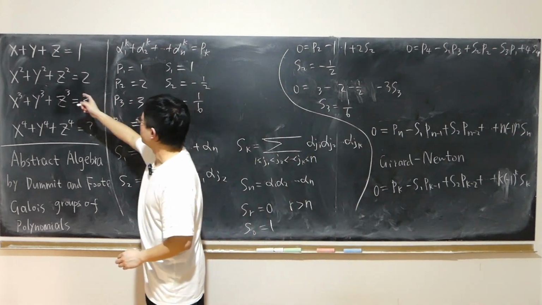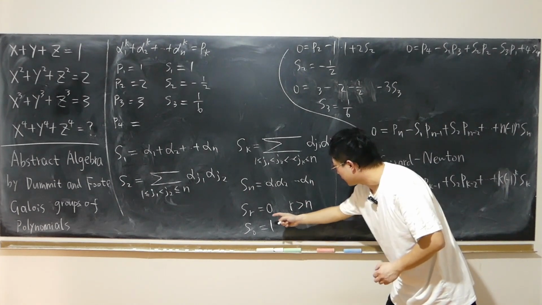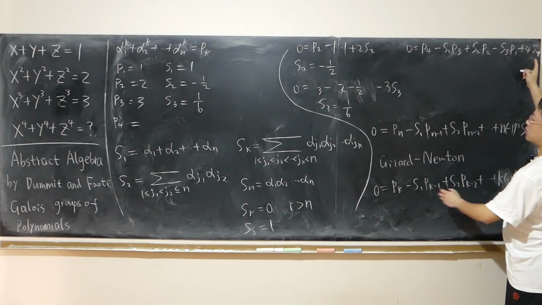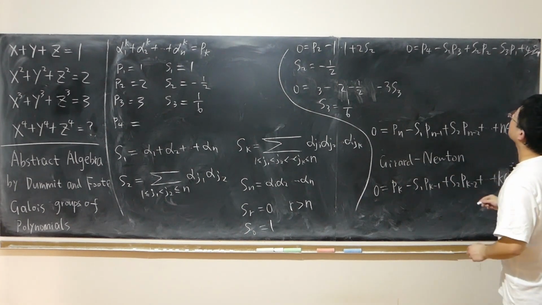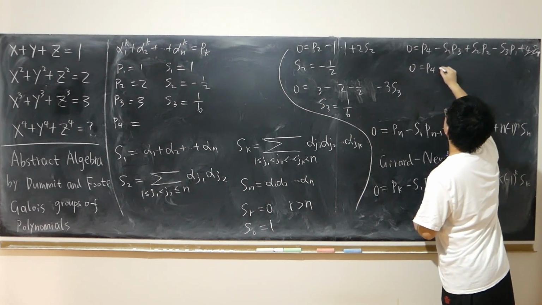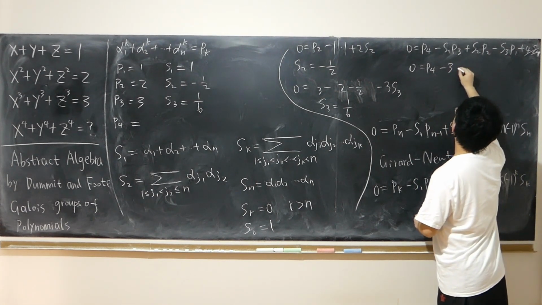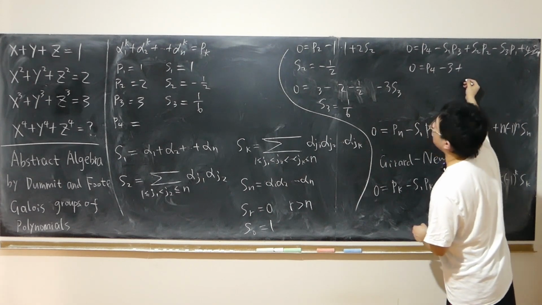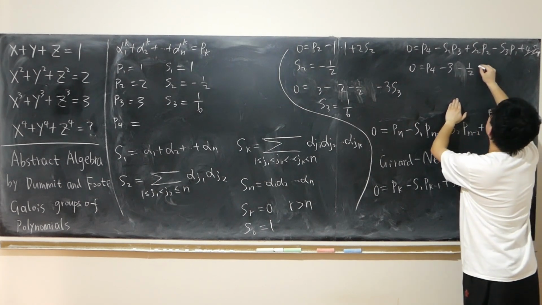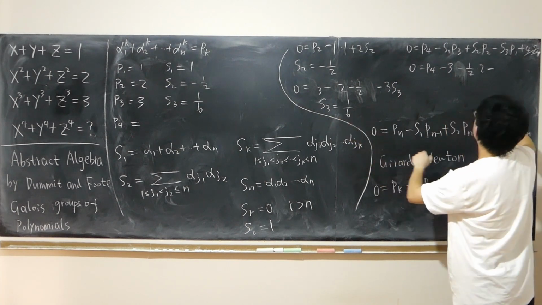Like I said, I have 3 roots. Every time r is bigger than the number of roots, Sr is equal to 0. So 4 is bigger than 3, so S4 is automatically 0. So in that case, 0 is equal to P4 minus S1, 1, times P3, 3, plus S2, negative half, P2, 2, minus S3, 1 over 6.